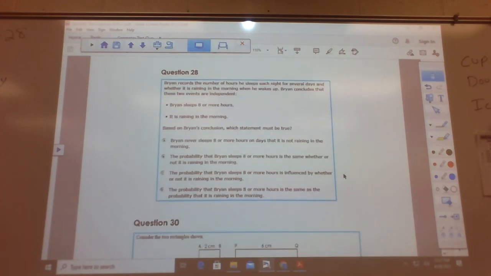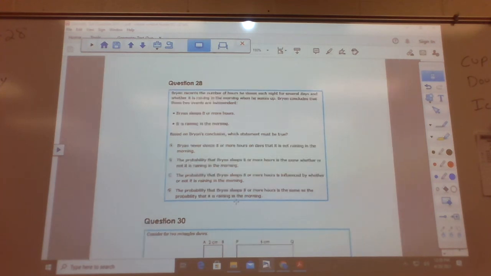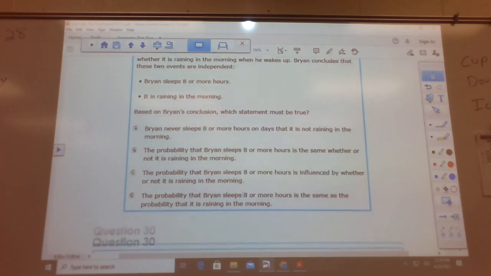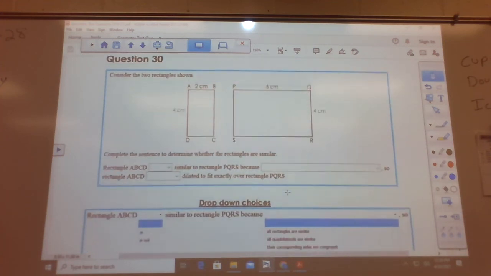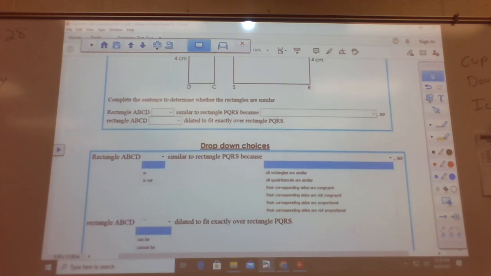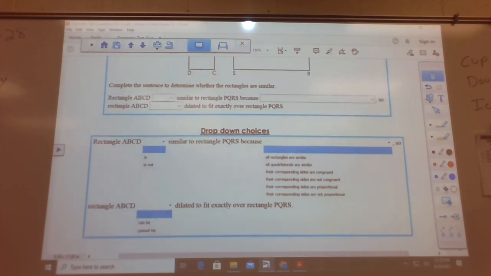Now, we do not have a lot of time, but we have a little bit of time. So what I want you to do is start looking through the next page. So that's 28. 28 is a probability question. 30, you're filling in the blank spots. Down here is what can go in the blank spots, so it's another drop-down sentence.